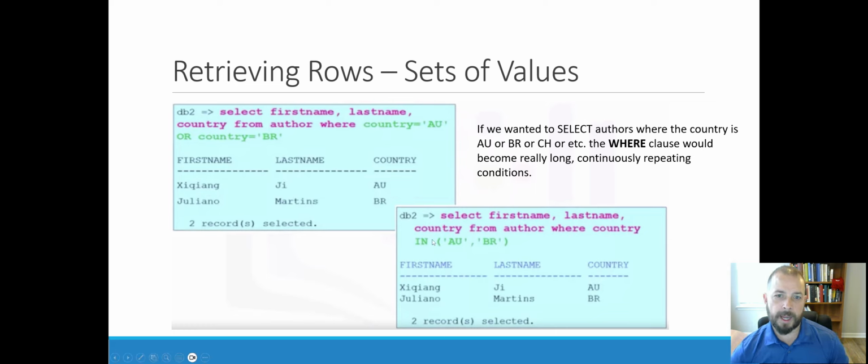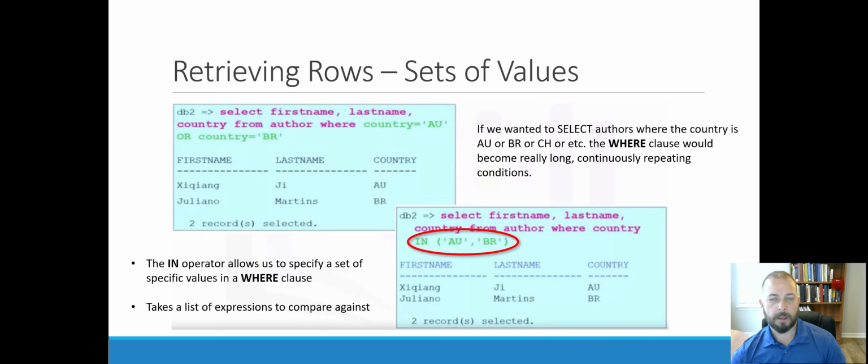So there is an IN statement that we can add in our where clause to access multiple conditions, which reduces that repeatability, all right? And so this is the IN clause. I sometimes think of it as like include, all right? So where country includes AU, BR, the syntax is you have to have parentheses.